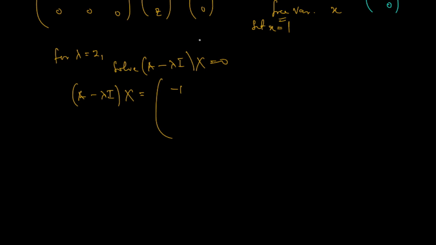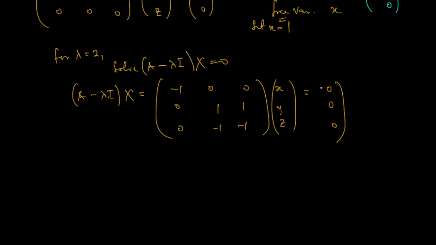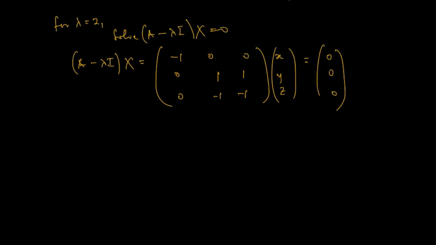Replacing lambda with 2 in the coefficient matrix, we have negative 1, 0, 0, then 0, 1, 1, and then 0, negative 1, negative 1. And then x, y, z equals 0, 0, 0.